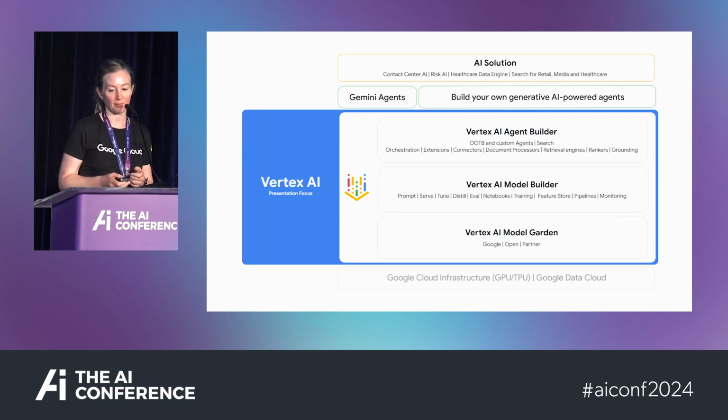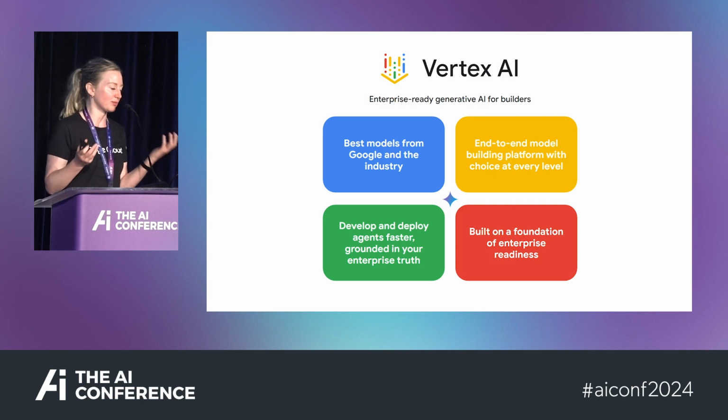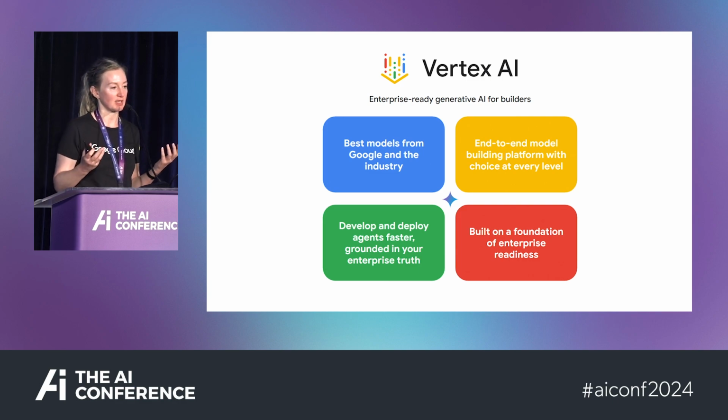At Vertex, we really focus on four pillars, and this is what we look to for all of our products. Number one, the best models from Google as well as the industry. I mentioned a few partners that we work with. We also have hundreds of open source models, and we have an integration with Hugging Face.